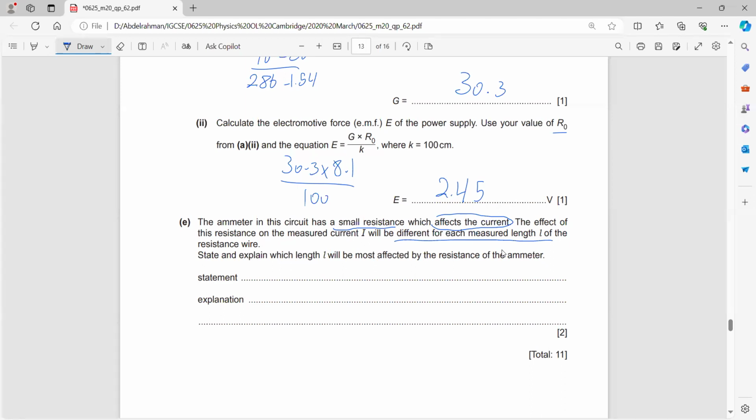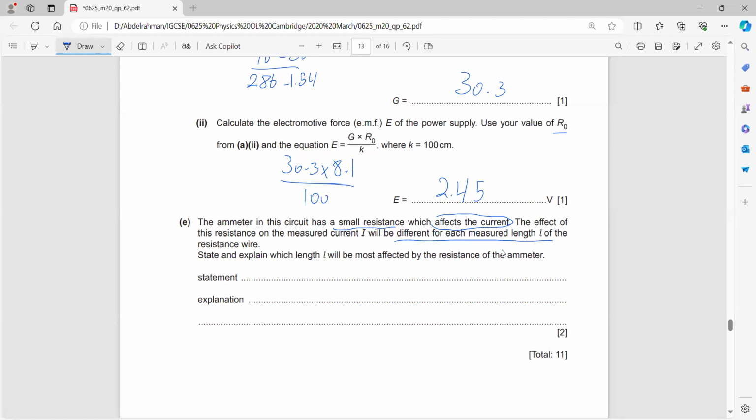If I have a resistance of, let's say, 3 ohms for this ammeter, would 3 ohms affect the 30 centimeters more, or the 70 centimeters more? Definitely, it would affect the 30 centimeters more. Why? Because the 30 centimeters has a small resistance.